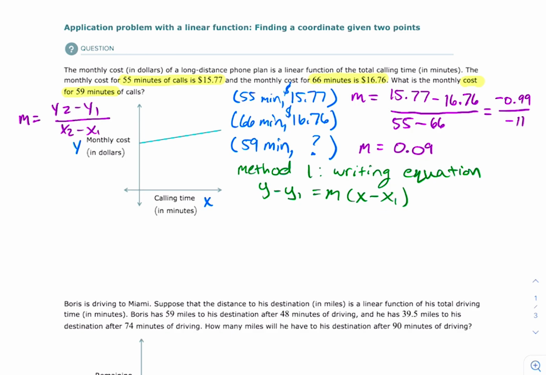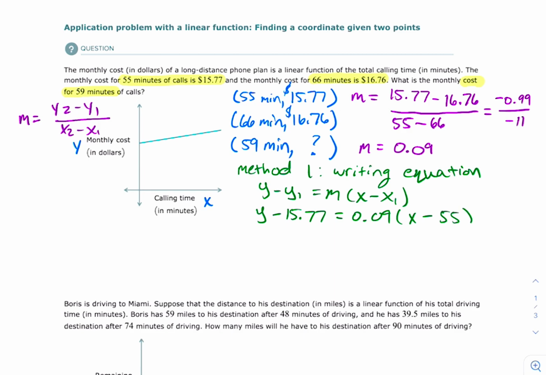And for the x1 and the y1, we're going to go back and pick one of the original points to substitute into that spot. And it doesn't matter which one we use. So for me, I tend just to use whatever the first one is that I wrote down. Okay. So that is going to give us y minus 15.77 equals our slope of 0.09 times x minus 55.